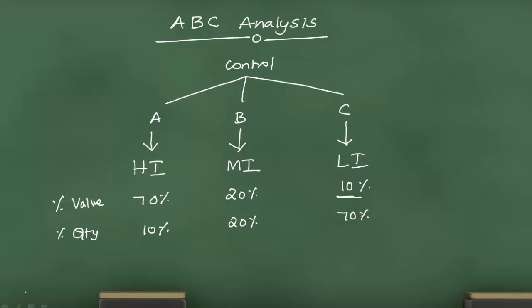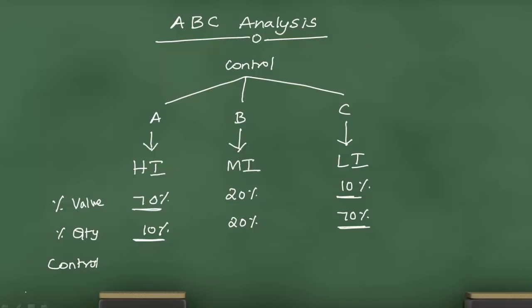So now we understand that there are three categories of materials, and certain materials would be huge in quantity but very less in value, and certain materials are very less in quantity and huge in value. So now we can decide how we should place our control.